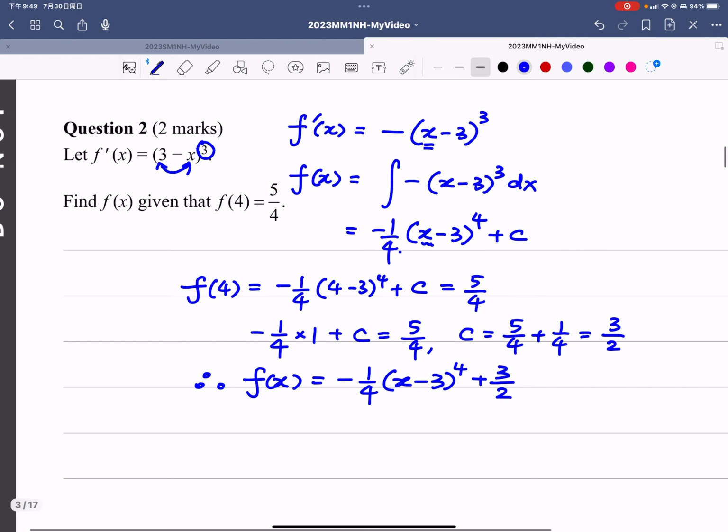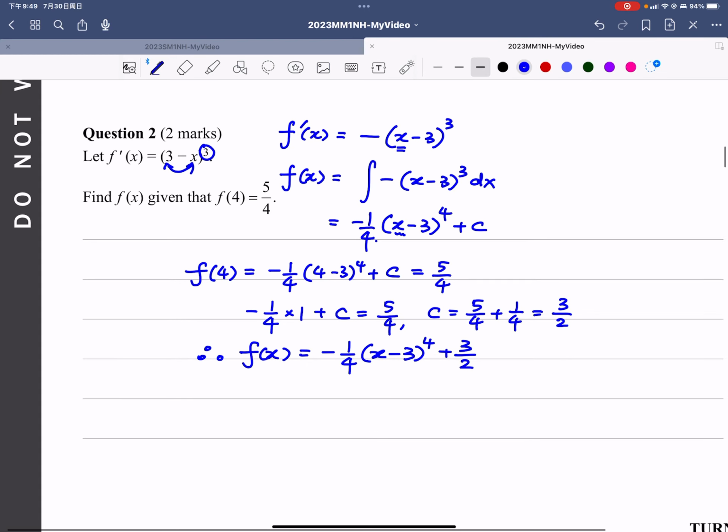You can always check, for example, by differentiating to see if your derivative function is the same as this one or this one, okay?